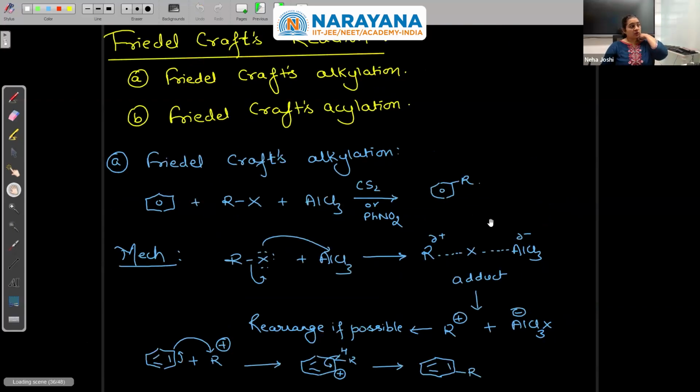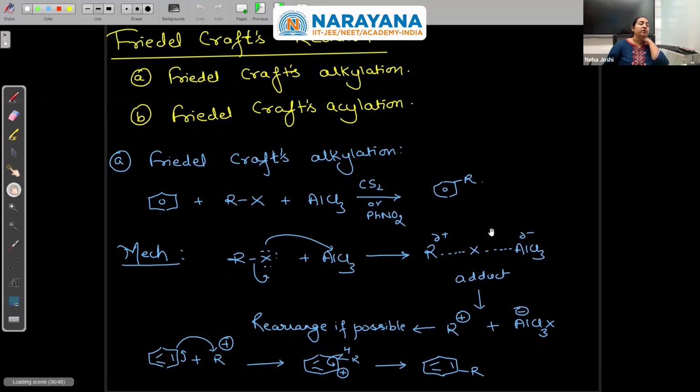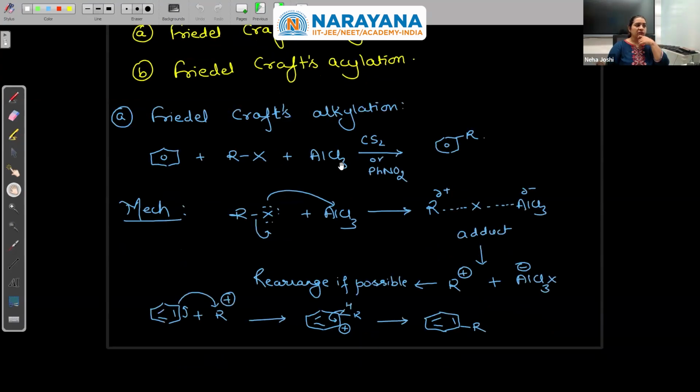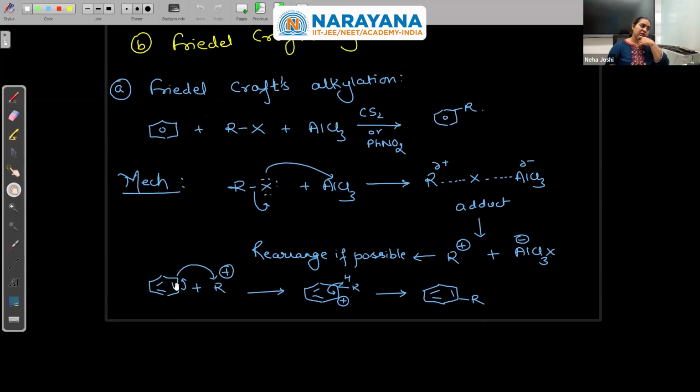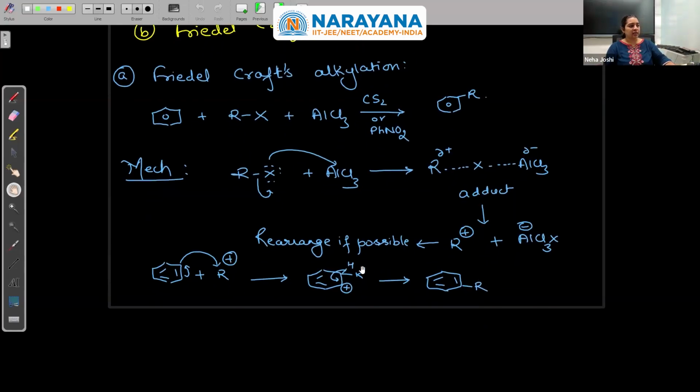Coming to the most important reaction, I'll say, is the Friedel-Crafts reaction of this week: Friedel-Crafts alkylation and Friedel-Crafts acylation. Alkylation is in the presence of a Lewis acid. We form an adduct which forms a carbocation. If there is a possibility of rearrangement, it will rearrange and then direct electrophilic substitution, attack and loss.